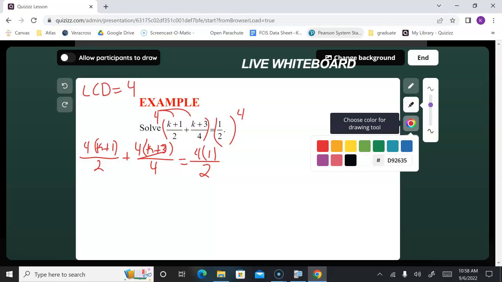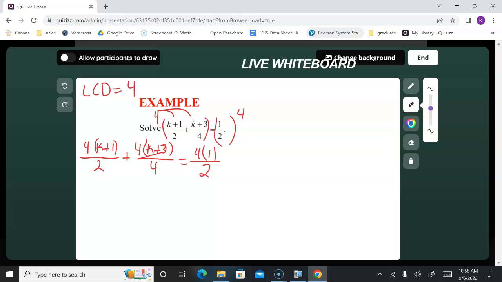Again, our goal is to get our denominator to cancel. So we're going to look at our LCD and the denominator for each of these. Looking at the first term, what's 4 over 2 simplify to be? 2. So that simplifies, leaving me with 2k plus 1.